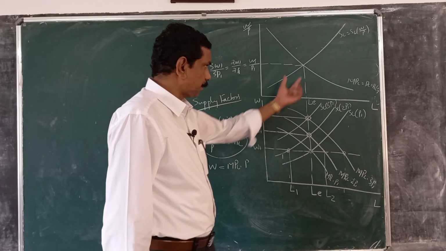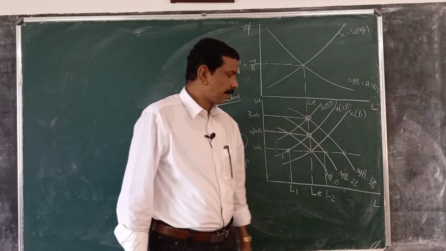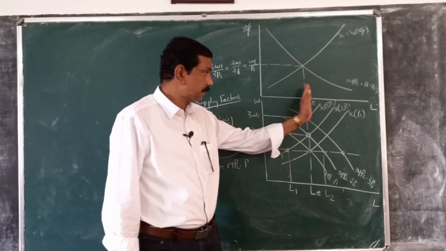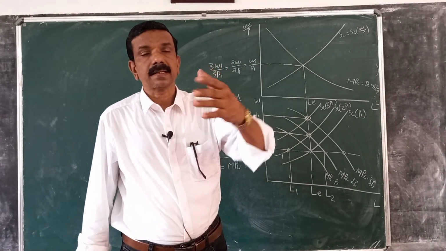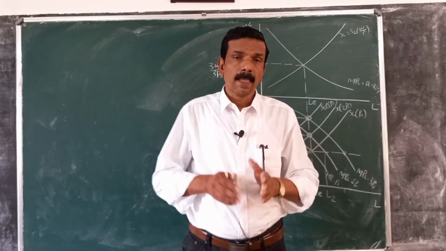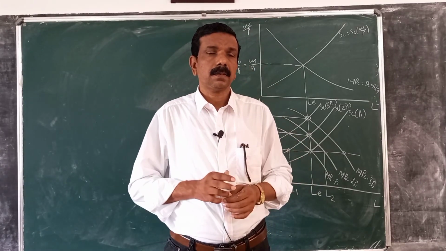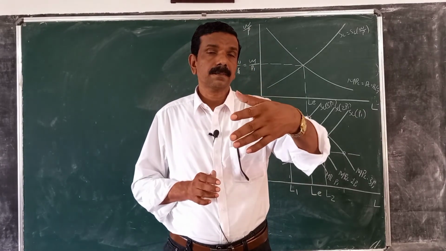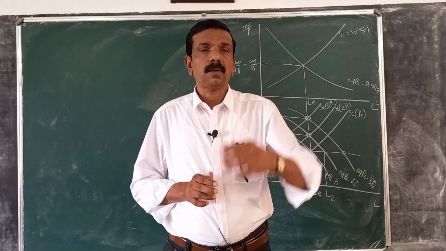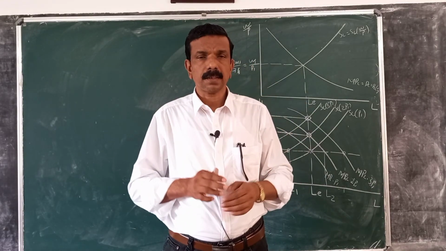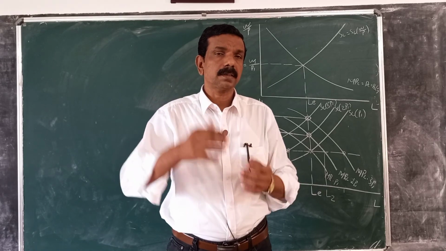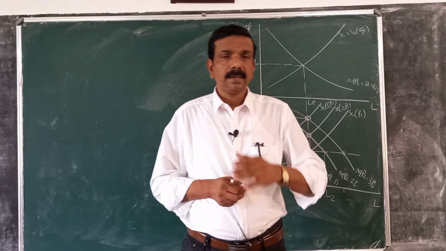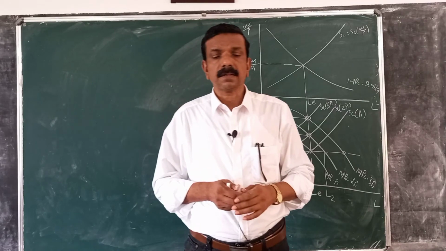So an equiproportional increase in price level and money wage leaves labor market equilibrium intact. This is a basic result of the classical theory of employment and output determination. That means if money wages and prices are increased in the same proportion, labor market equilibrium is not affected.